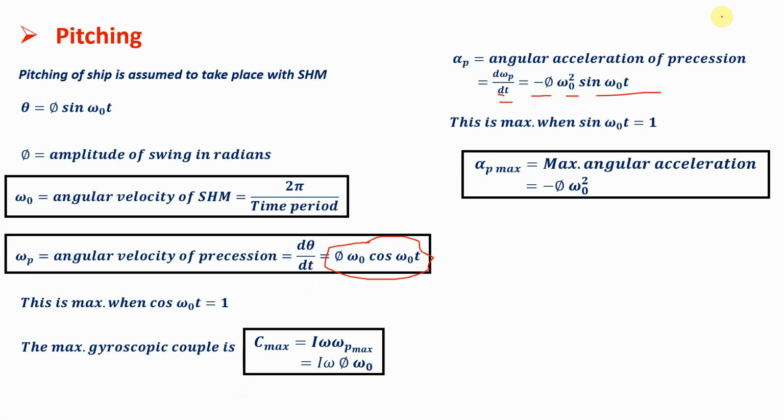Now this will be maximum when sine of omega 0 t is equals to 1. That means we can say that maximum angular acceleration of precession is equals to minus phi omega 0 square. Now this equation will help us to find out the magnitude of gyroscopic torque and precession velocity and acceleration during precession of the ship during pitching.